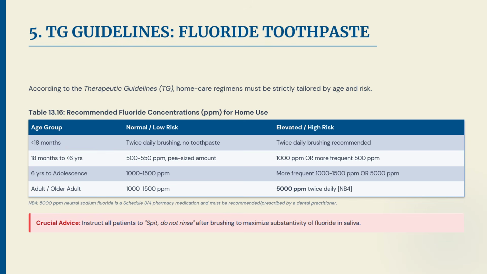Now it's an adult, you got no other options, just go with 5000 ppm. And you know the general advice, you ask them to spit and do not rinse after brushing.